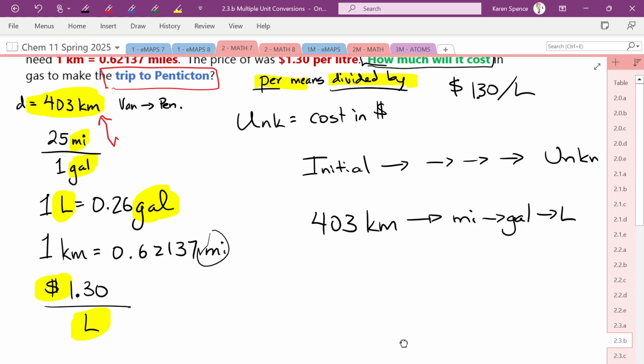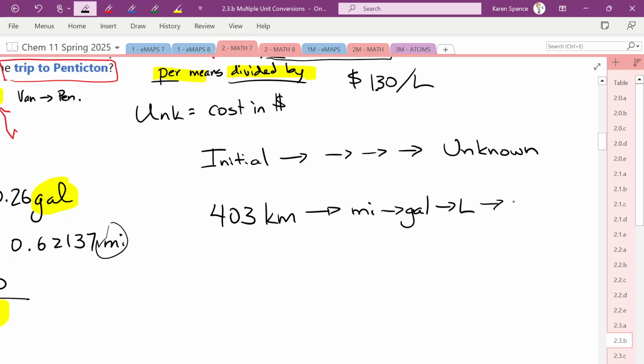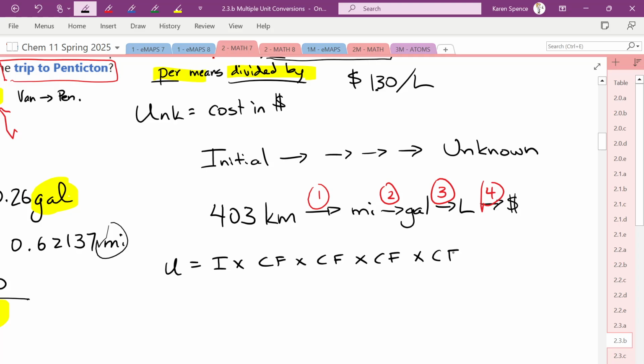Okay, how many conversions will we be doing? Four, yes? So my unknown is equal to my initial times 1, 2, 3, 4 conversion factors.